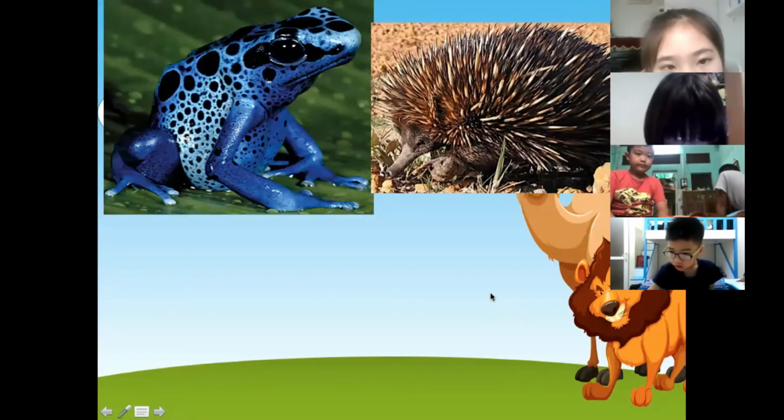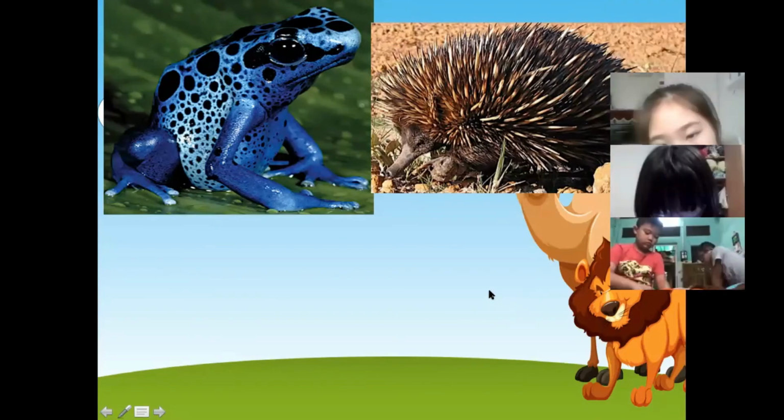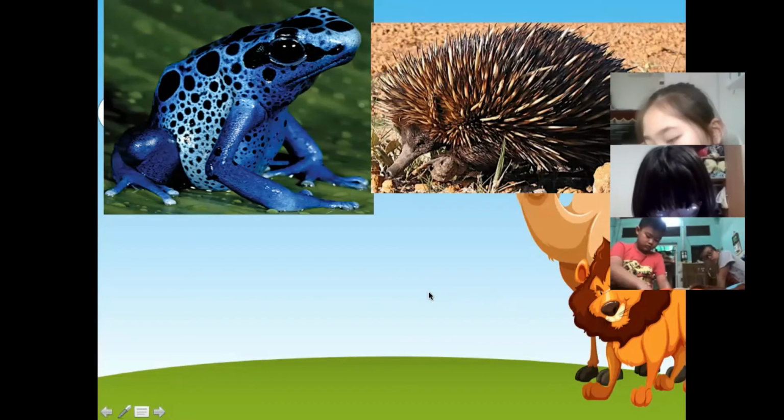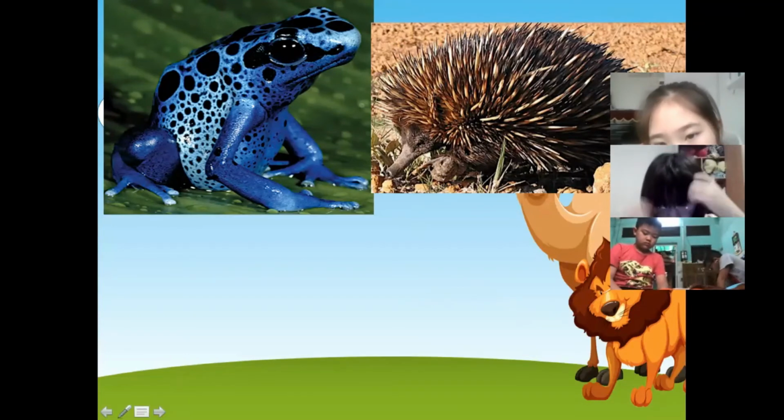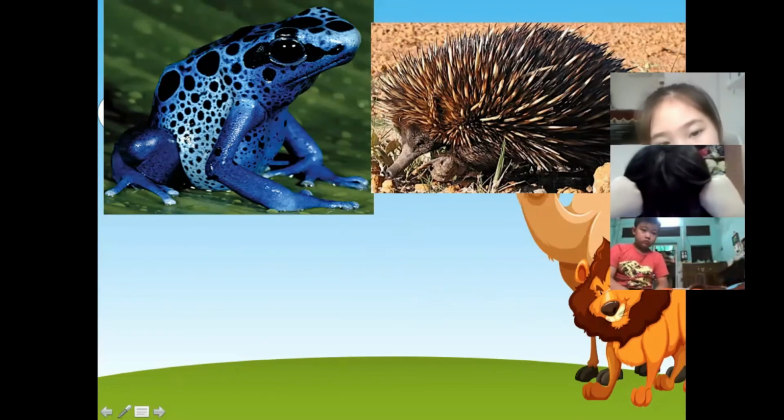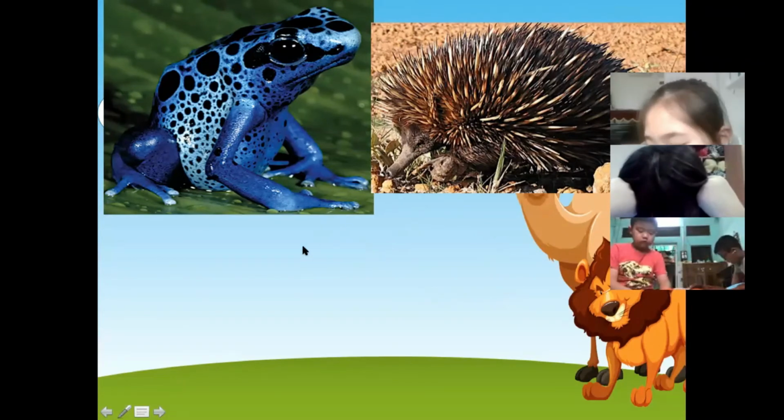What adaptation does the frog have? 1, 2, 3. Poisonous. Good. Poisonous. What about the porcupine? What adaptation does he have? 1, 2, 3.